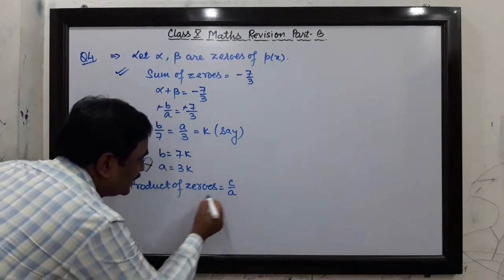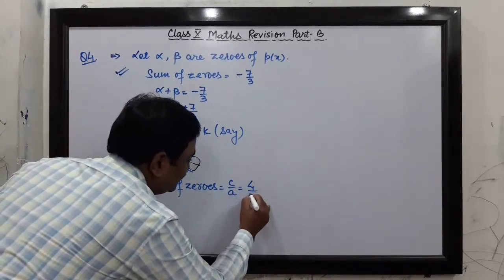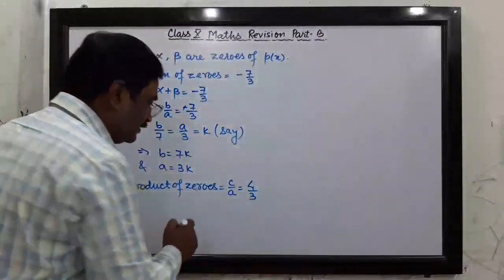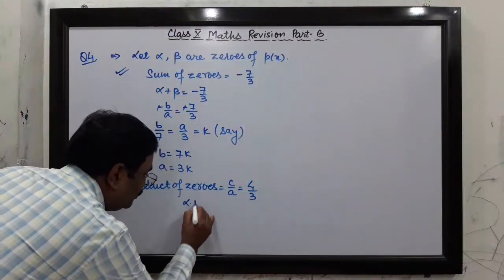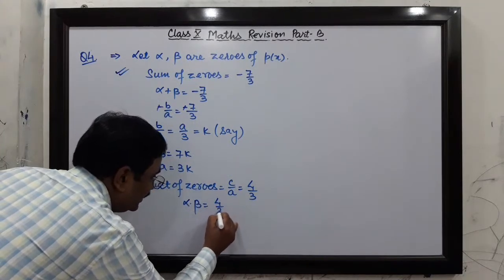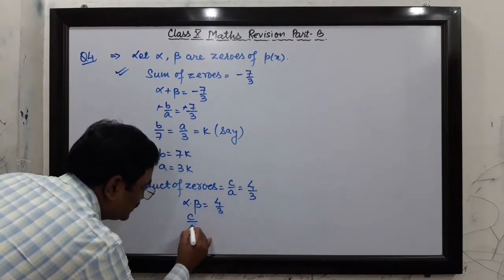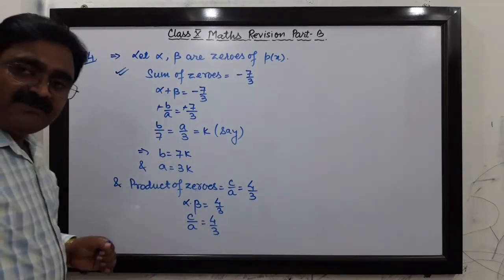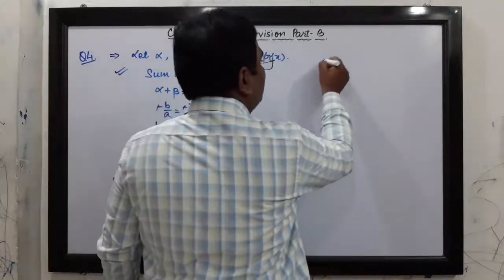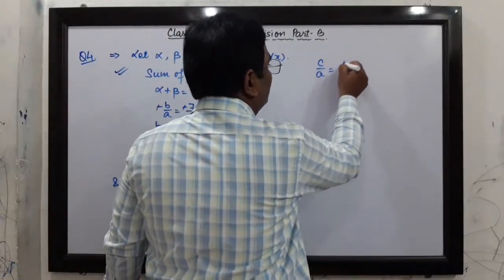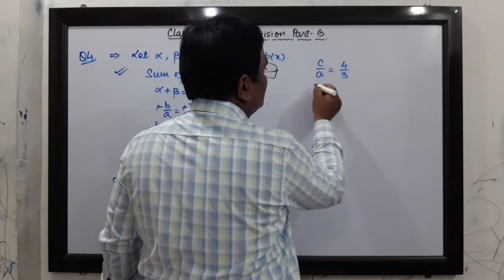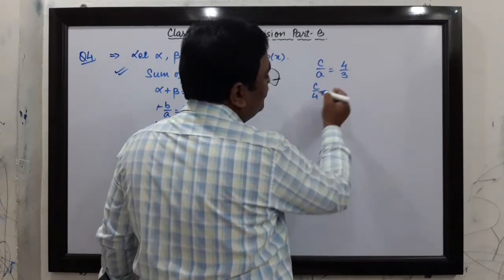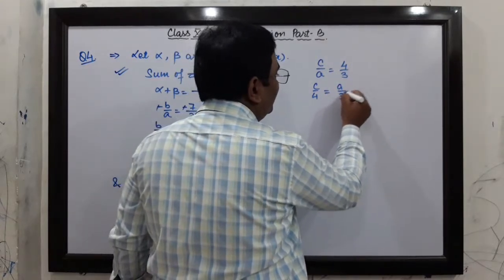It is given as 4 upon 3, which is alpha into beta. Means alpha into beta is equal to 4 upon 3, which is equal to c upon a, that is 4 by 3. Right friends? So as c upon a is equal to 4 upon 3, this can be written as c by 4 equal to a by 3.